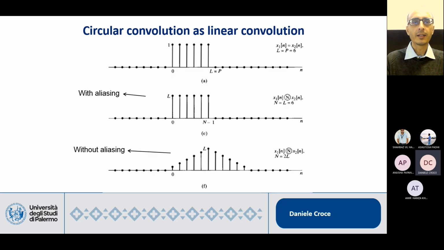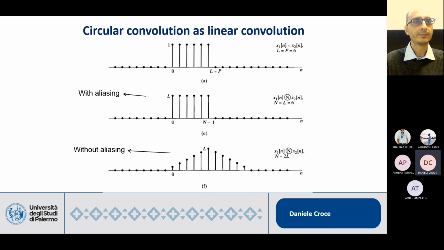So when does the circular convolution act as a linear convolution? We have the two rectangular sequences. If we use the circular convolution on the same number of points, we have aliasing in time. But if the number of points is higher, and in particular here you see the example of 2 times the length, you have no aliasing in time, and you obtain the same result as the linear convolution.